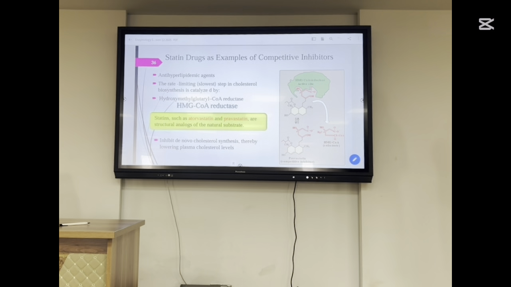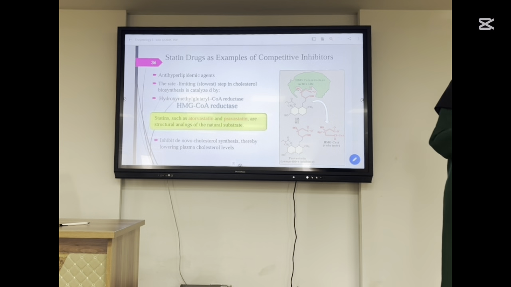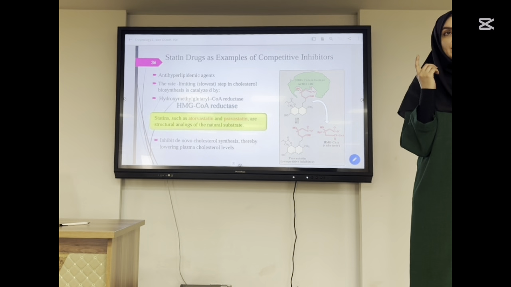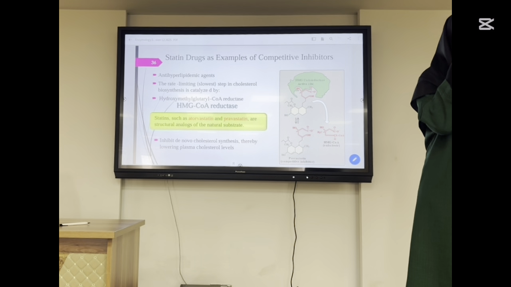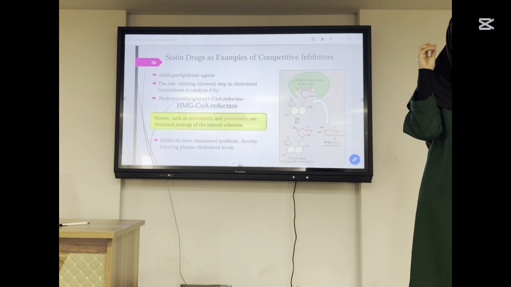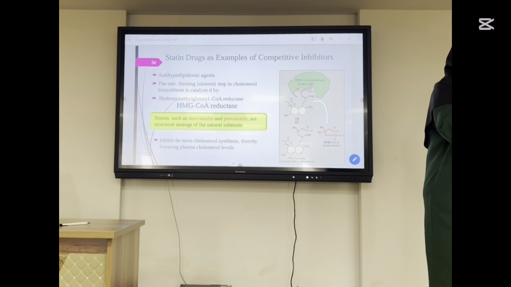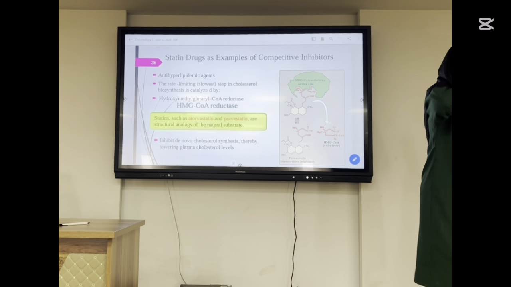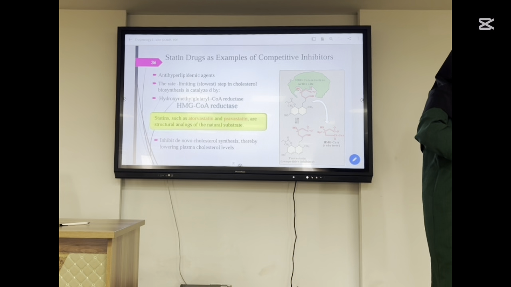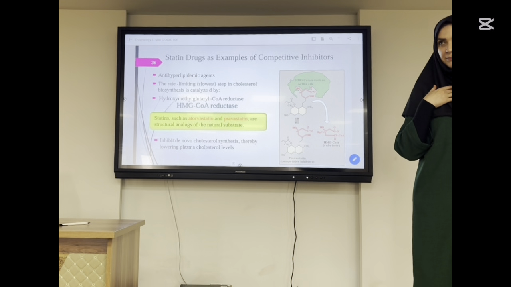Cholesterol is one kind of lipid. You should know, please pay attention, that 70% of cholesterol is synthesized inside the body. So if I have a high cholesterol level, I'm not a lucky person, because this is a genetic problem.